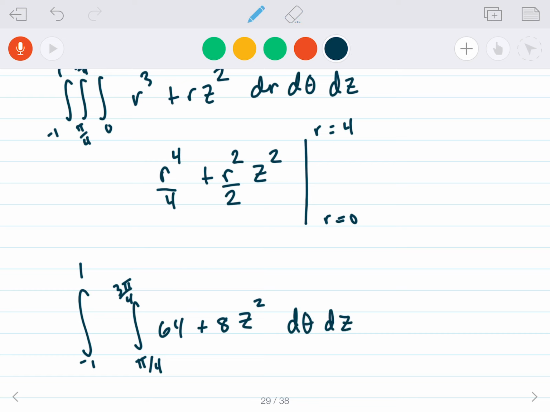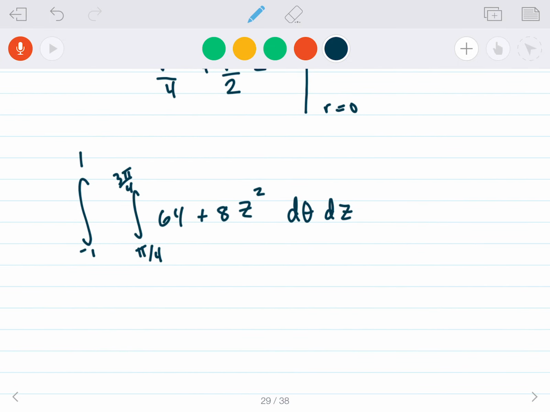Okay, so with respect to theta, these are just constants. So when we integrate with respect to theta, we get 64 theta plus 8z squared theta. We're going from pi over 4 to 3 pi over 4.